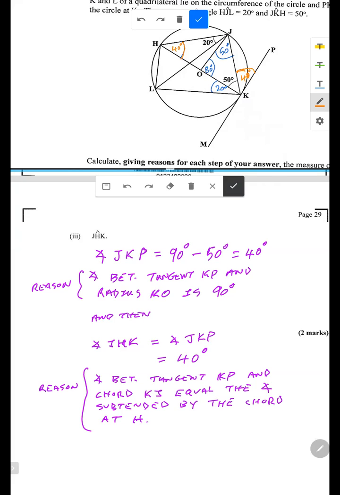Angle subtended by the chord at H on the circumference in the alternate segment of a circle.